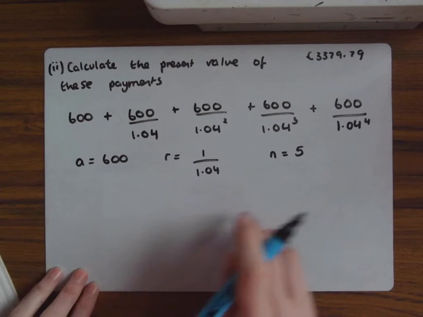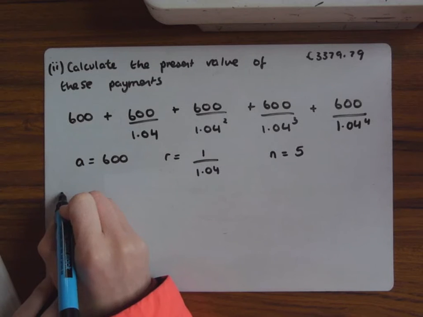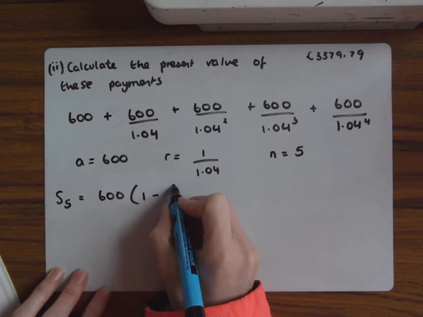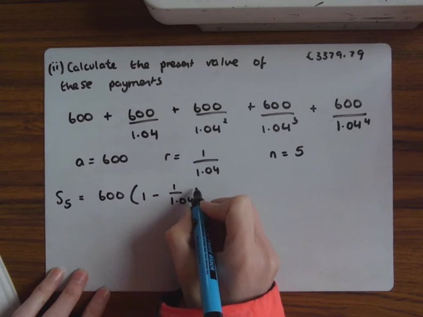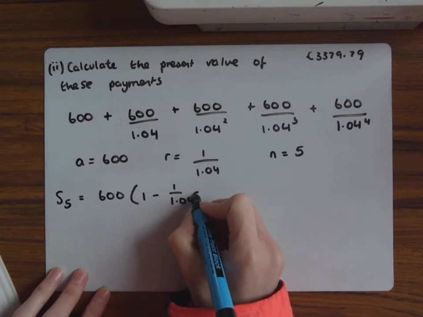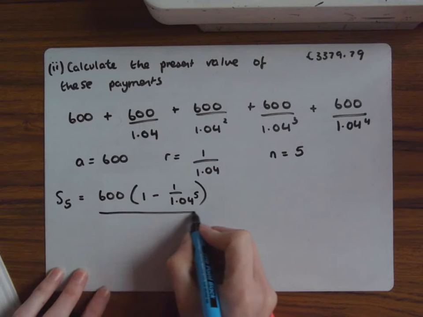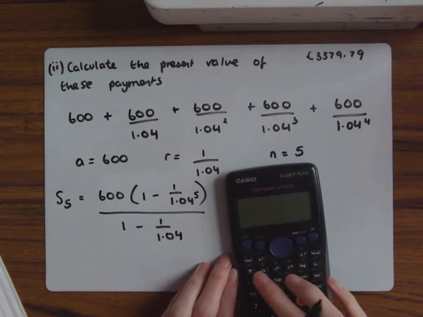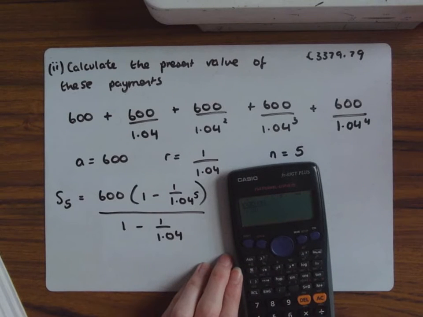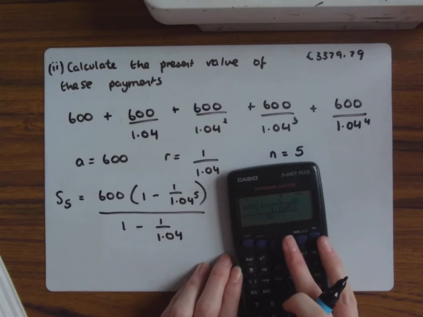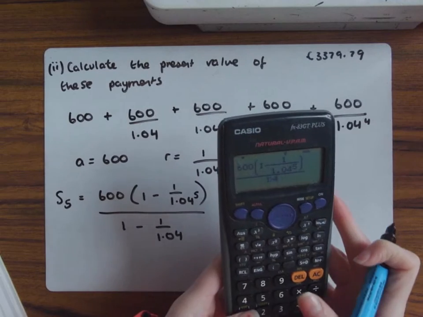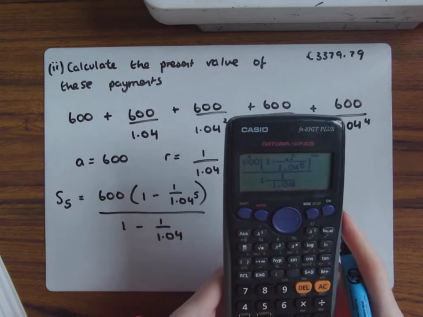So I now have my geometric series, and I'm interested in the sum of these 5 terms: A times 1 minus R to the power of N. We know this whole thing is to the power of 5, but 1 to the power of 5 is just 1, all over 1 minus R. I'm going to throw that into my calculator: 1.04 to the power of 5, close that bracket, and put it over 1 minus 1 over 1.04.